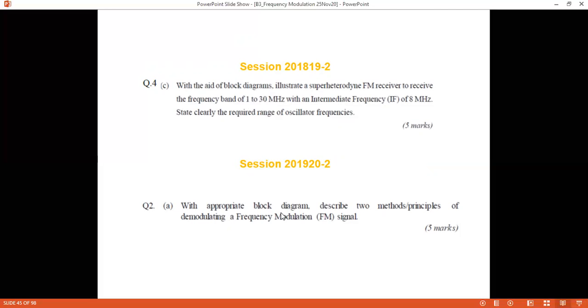And from the block diagram, describe two methods or principles of demodulating an FM signal. We know that you have direct and indirect.